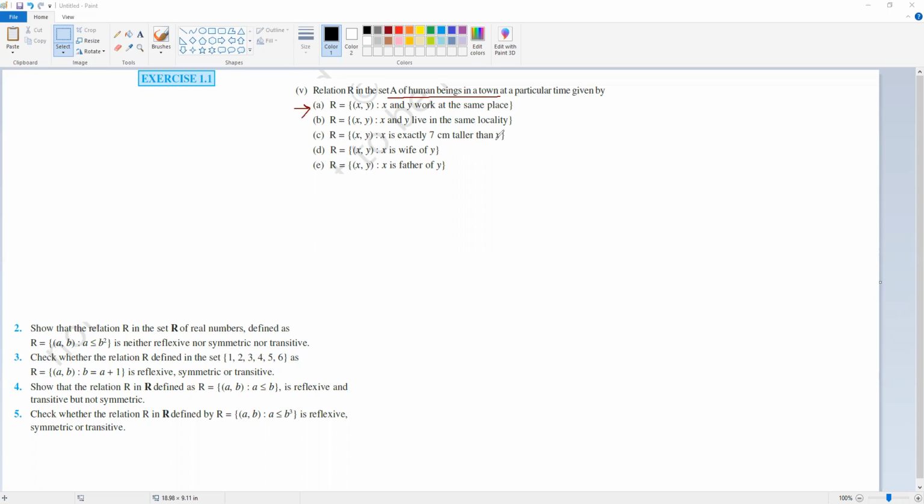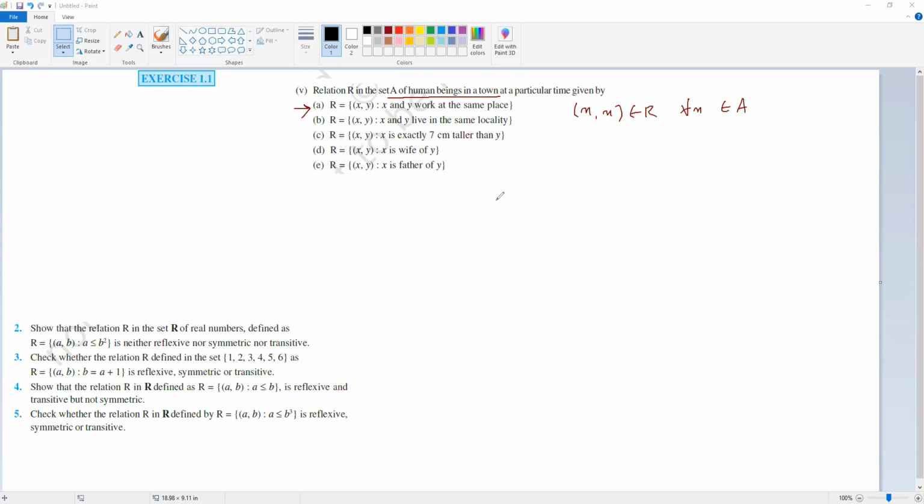Yes, sir. Because x comma x relation में है, कोई भी x है तो, isn't it? क्योंकि x and x में same person, Johnson and Johnson, working in Navodaya, same place because दोनों same person है ना. So x comma x belongs to R for all x in that particular set.